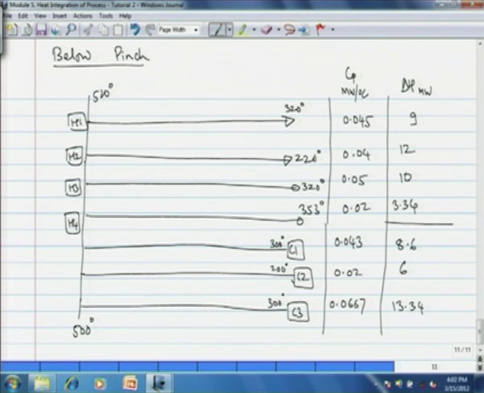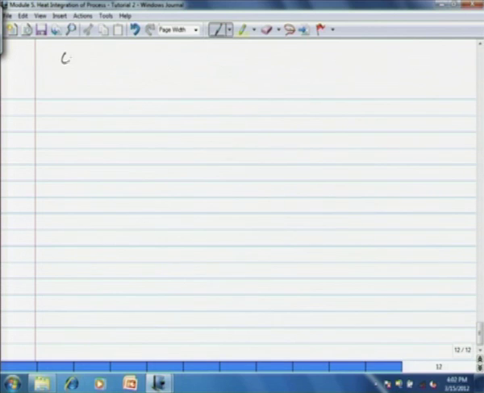Okay. Now, the constraint that we need to satisfy is that Cph is greater than or equal to Cpc.